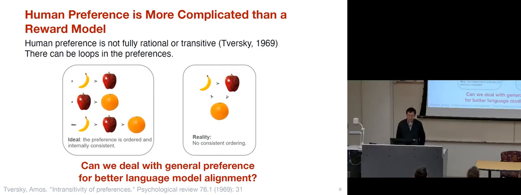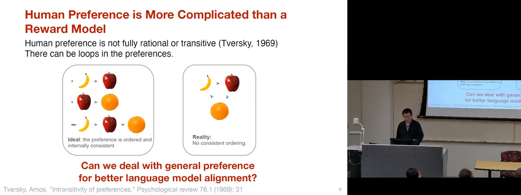However, there exist some challenges when we do RL from human feedback. The most significant challenge is that human preference is not usually rational or transitive. For example, you are given three fruits: banana, apple, and orange.